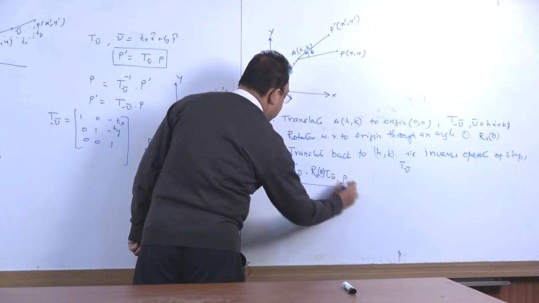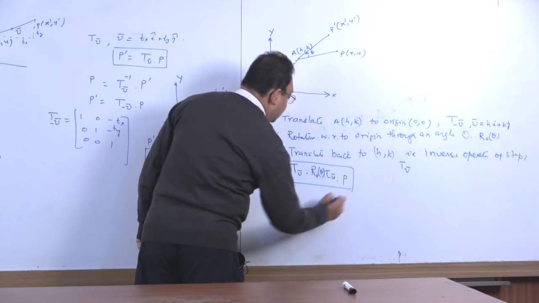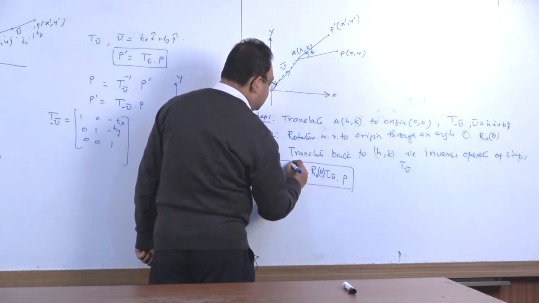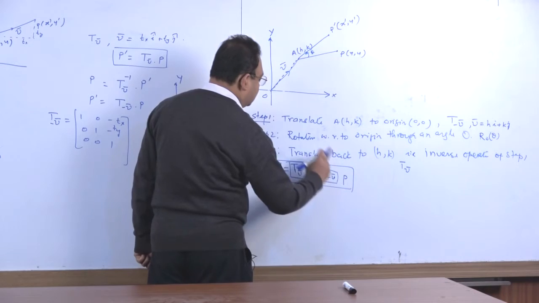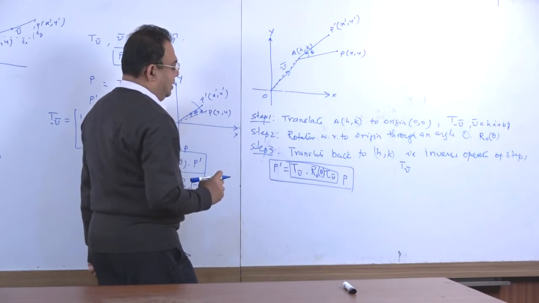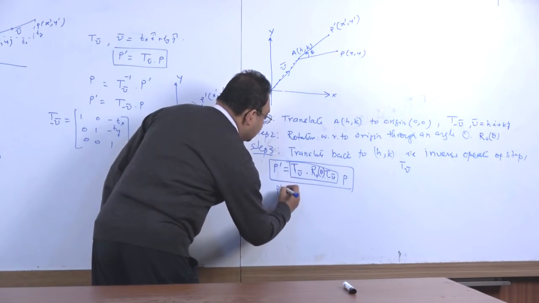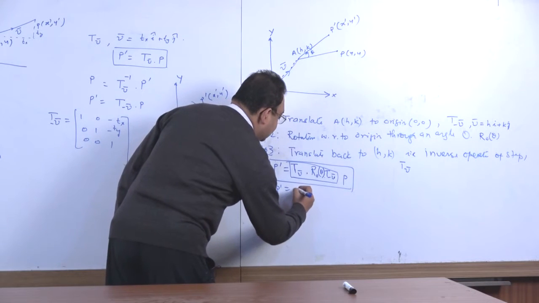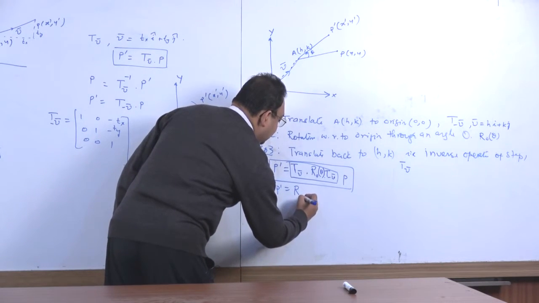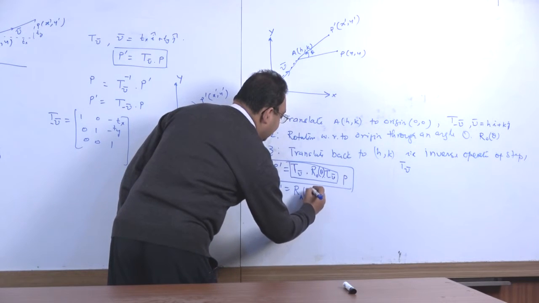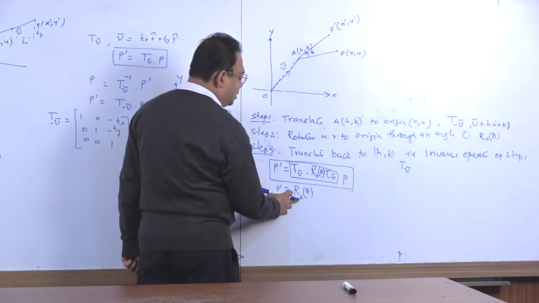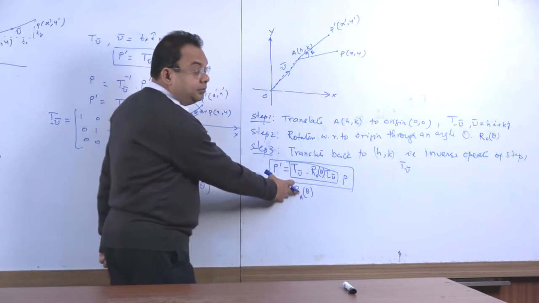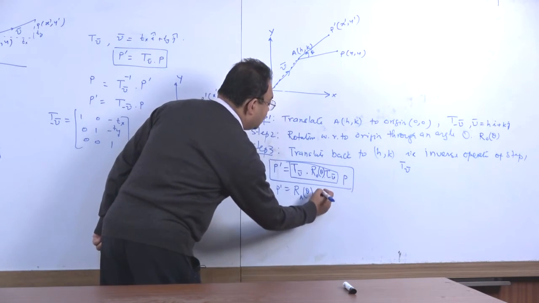So, P dash is obtained by concatenating these 3 matrix operators in this order, and this is the composite operator, that is, rotation through an angle theta with respect to the arbitrary pivot point A, operated on P.